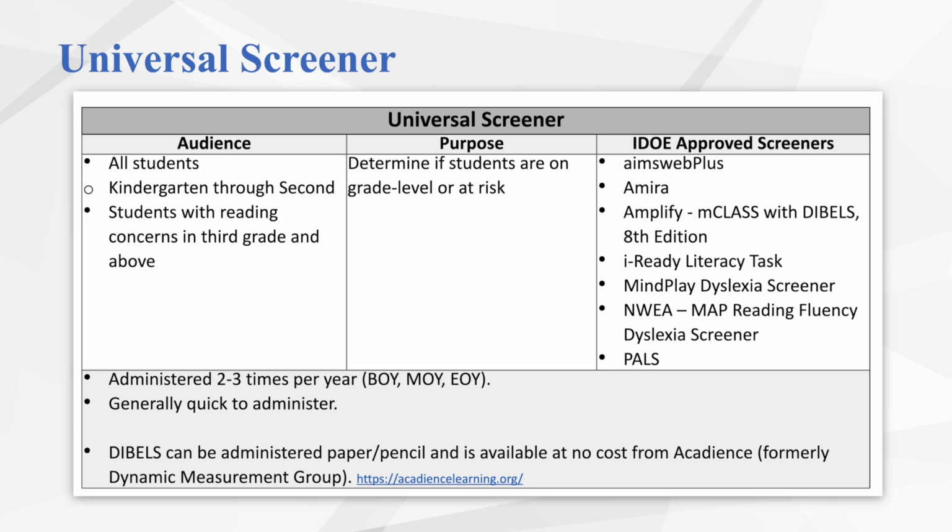Whereas those students who are able to take a computerized universal screener may end up spending more time in the assessment because it's not taking up the manpower needed to assess students individually. So NWEA would be an example of that. It is definitely lengthier, but again, because it's computerized, it is possible to do more assessments than are able to be administered in a DIBELS or an AIMSweb assessment that's administered one-on-one or face-to-face.